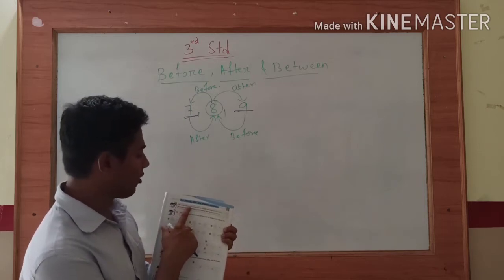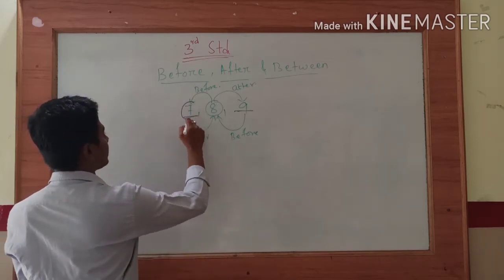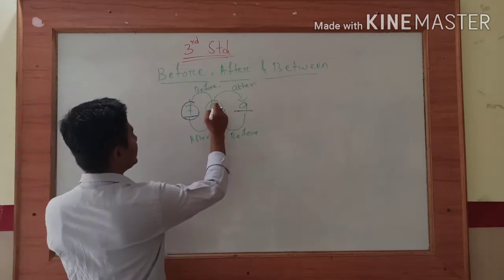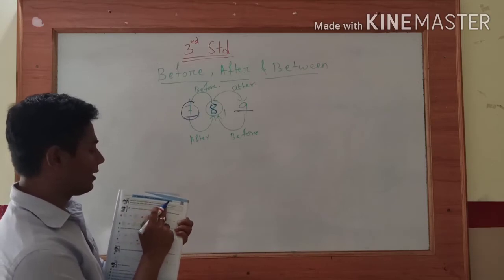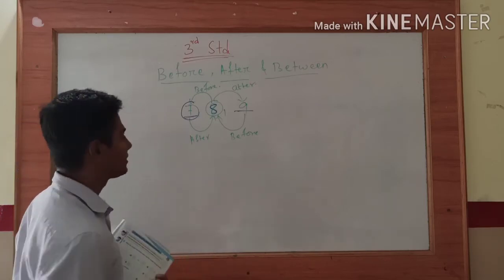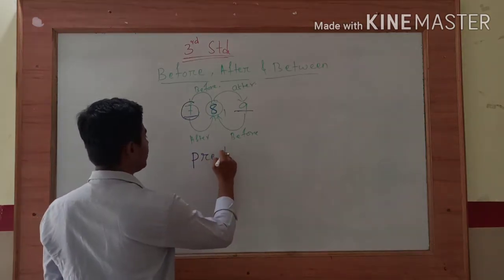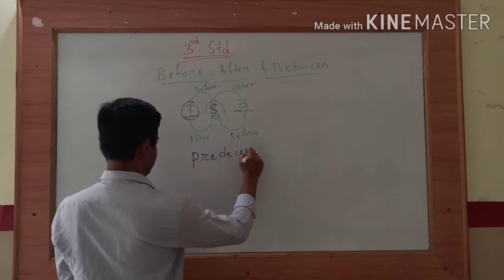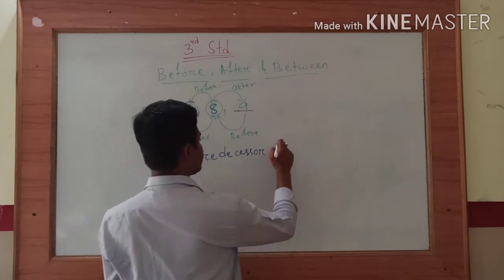Numbers that come before a given number, that is 7. If 8 is given, the before number is 7, so 7 is called the predecessor of 8. Predecessor means back.